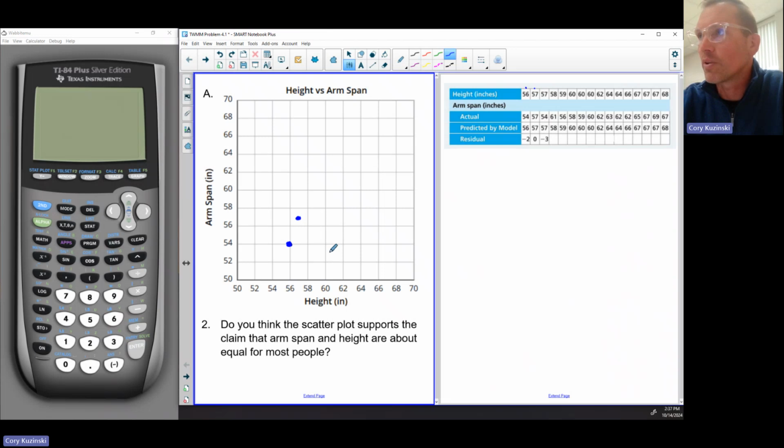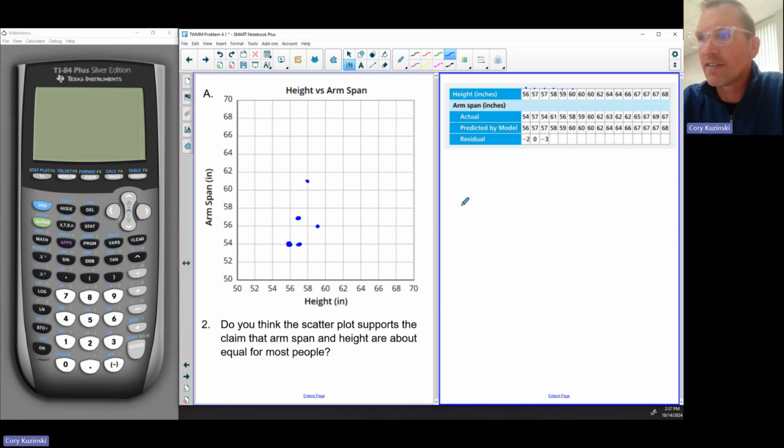You should be plotting these along with me. And 57 and 54 is right there. And then 58 and 61 right there. You can pause, or if you want to do it yourself and then speed ahead just to compare yours. 59 and 56 there.